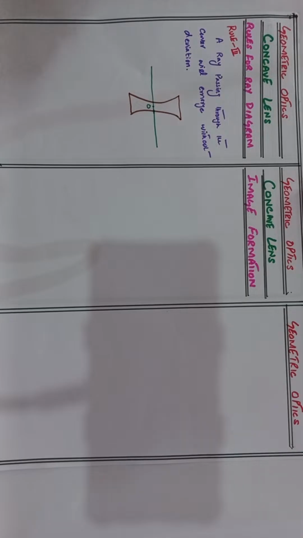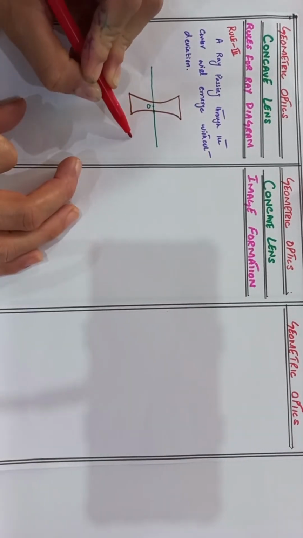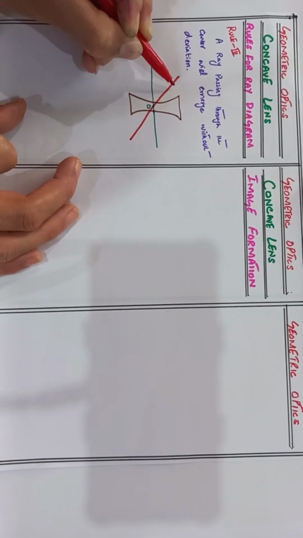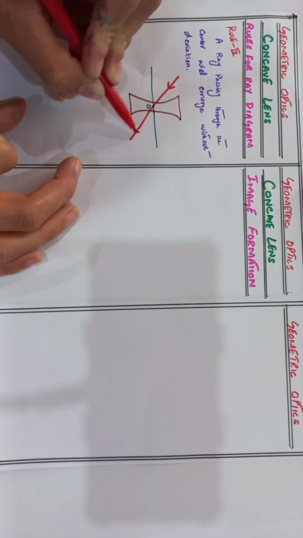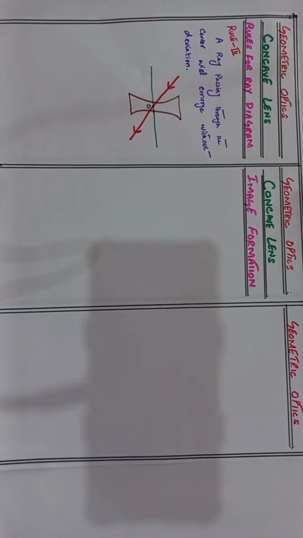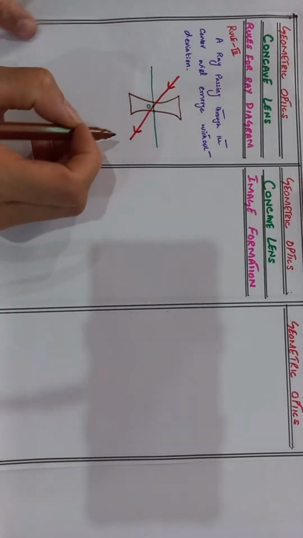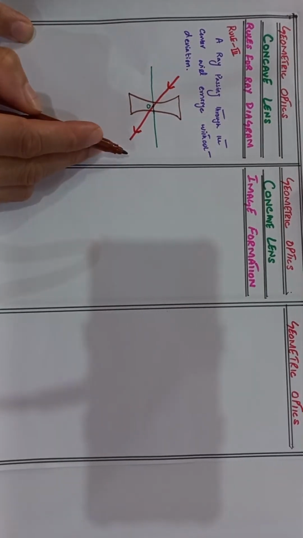Here is the ray that passes through the center of the concave mirror. It says that when it passes through the center of the concave mirror, it will go straight without any deviation.